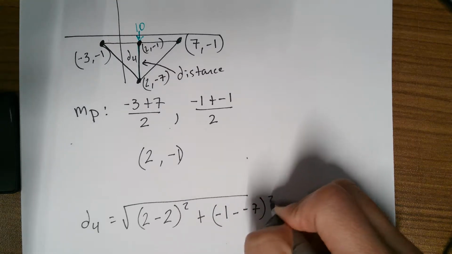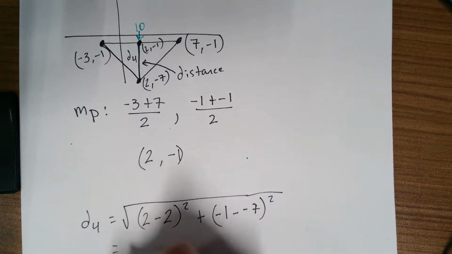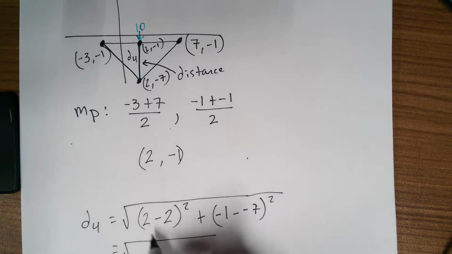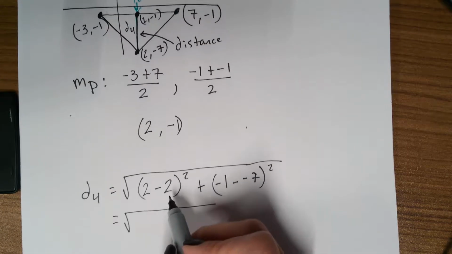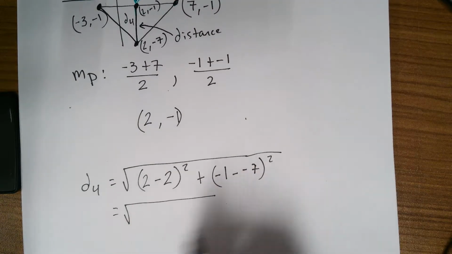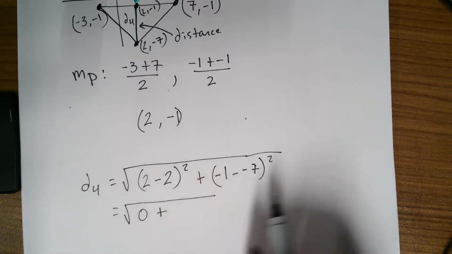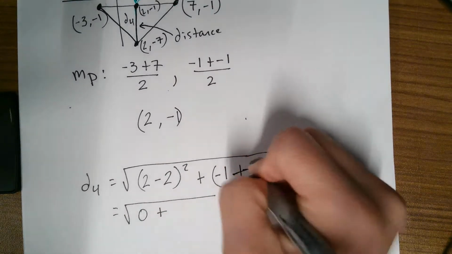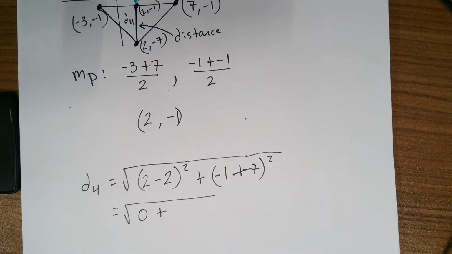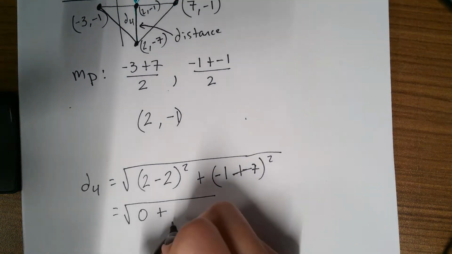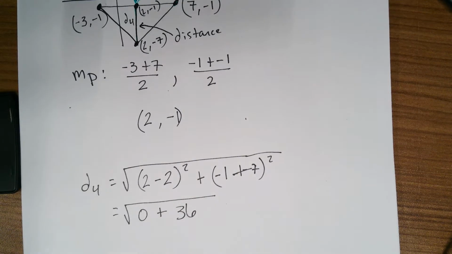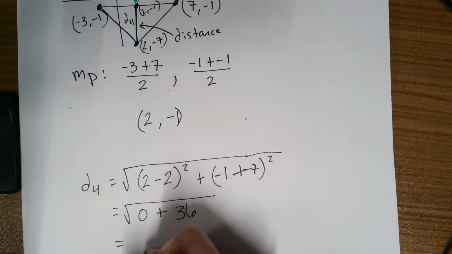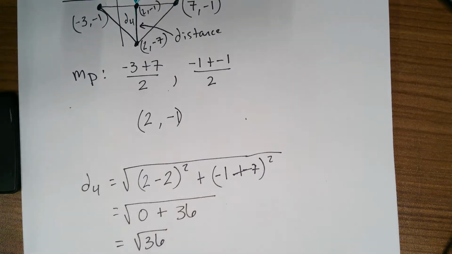That minus is part of the formula. 2 minus 2 is 0, and 0 squared is just 0. Plus, here's that double negative again. -1 plus 7 is 6. 6 squared is 36. So we have 0 plus 36 is 36, and the square root of 36 is 6.